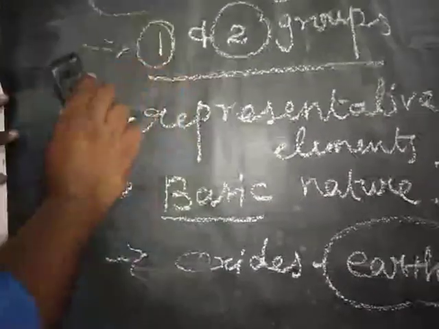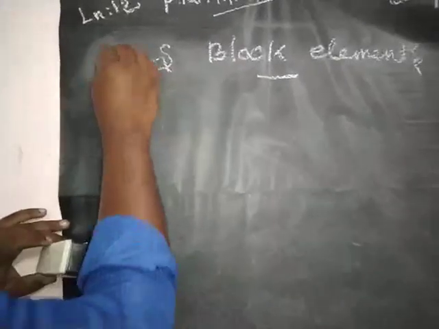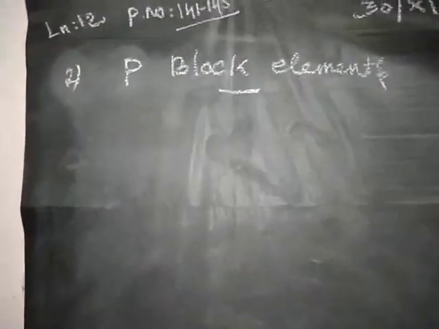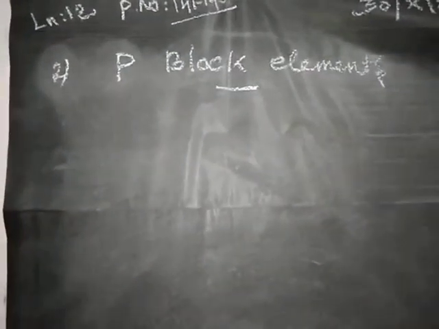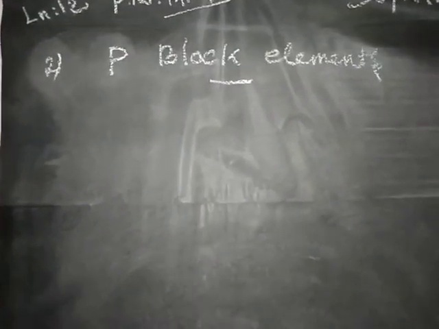So next one, P block elements, the second one. The P block elements are the elements in groups 13 to 18 of the periodic table.